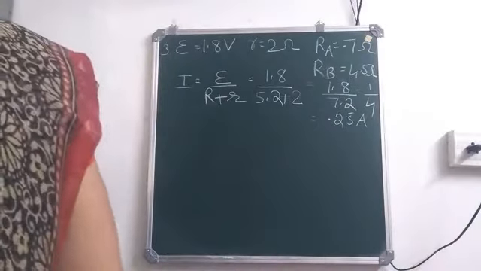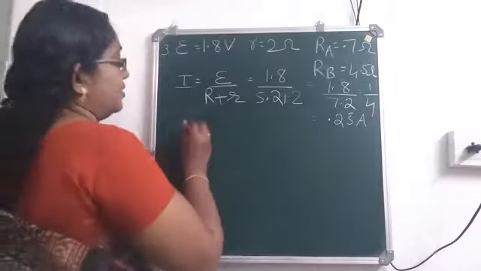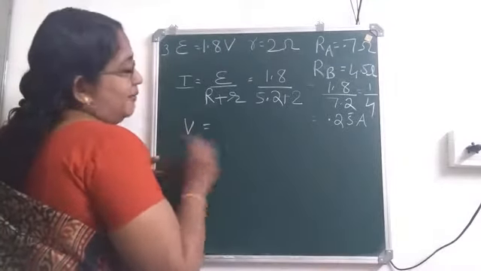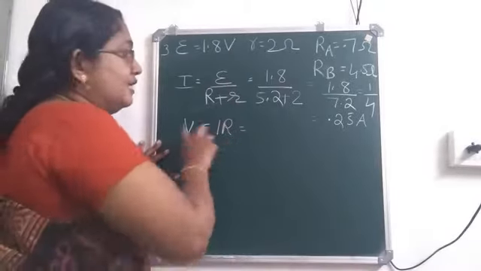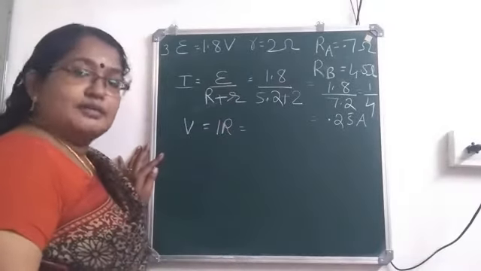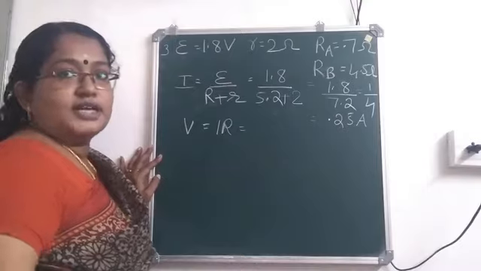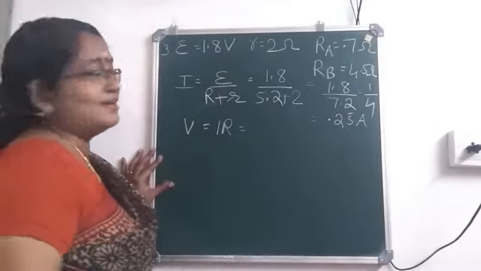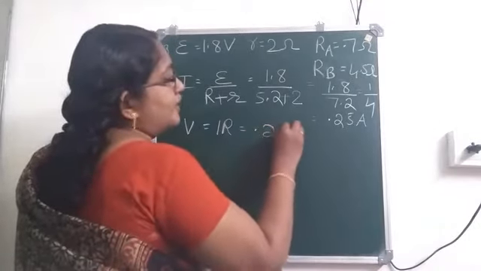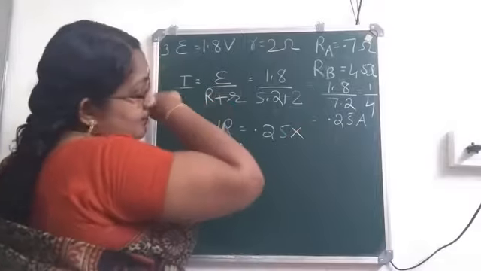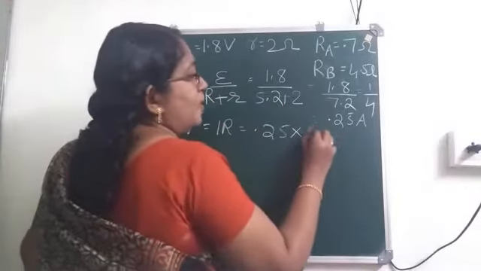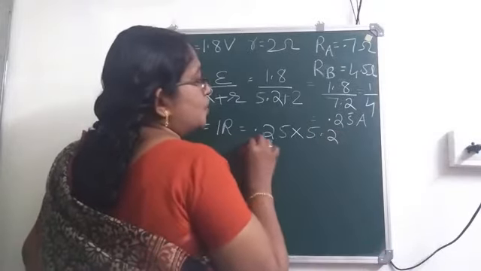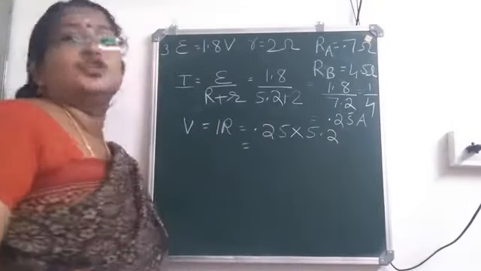Now you are asked to calculate the potential difference across the terminals. That is capital V. Capital V is I into capital R. In order to calculate the terminal voltage or potential difference, we don't want to consider the internal resistance. Current is 0.25. The external resistance is 5.2. So, 0.25 into 5.2.